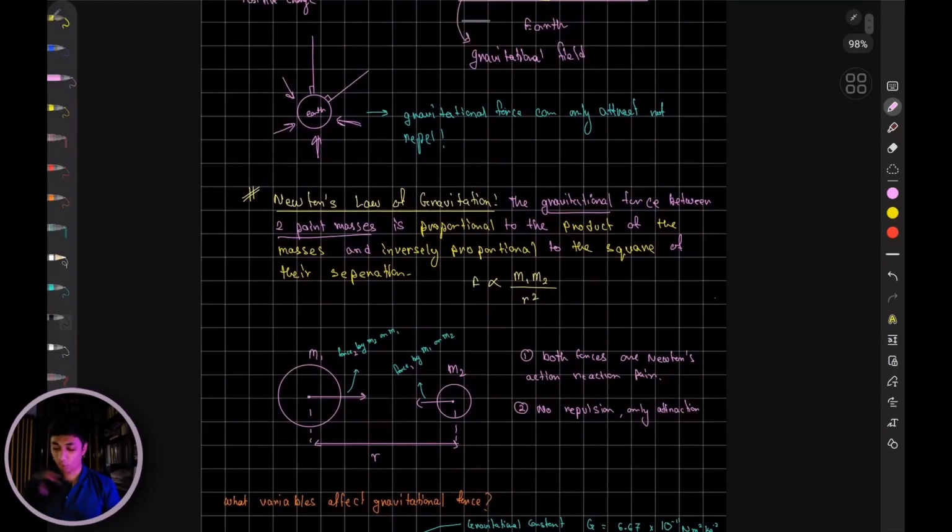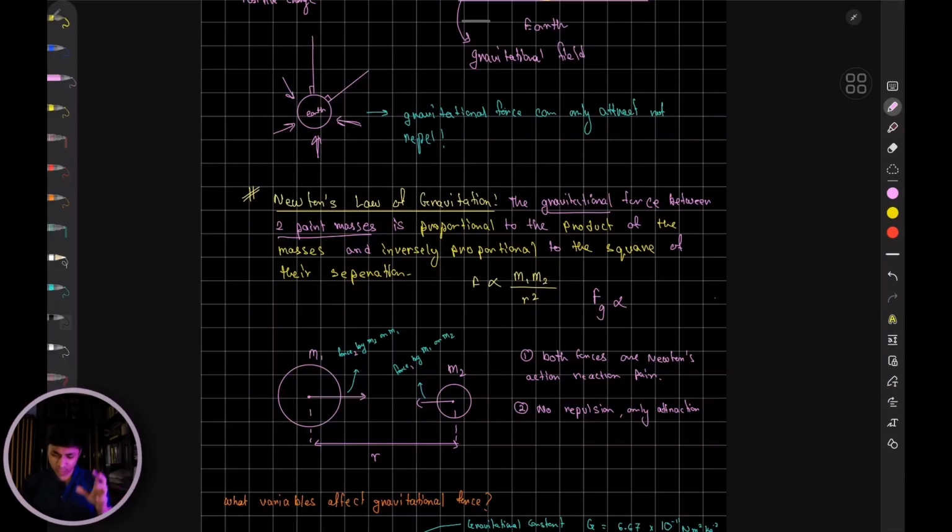So, one by one, the gravitational force F, or call it Fg, force due to gravity, is proportional to the product of two masses. So let's say you have mass 1, this, and you have mass 2.